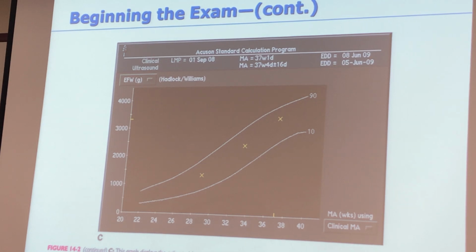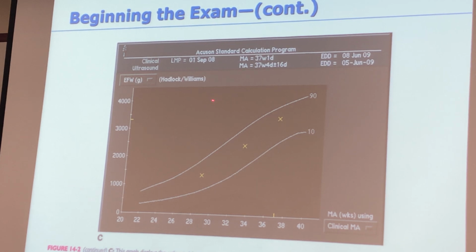We've already kind of talked about this as far as the graph that we go on. These are the weeks, and this is the estimated fetal weight in grams. Up here is macrosomic. Down here, it's called small for gestational age.